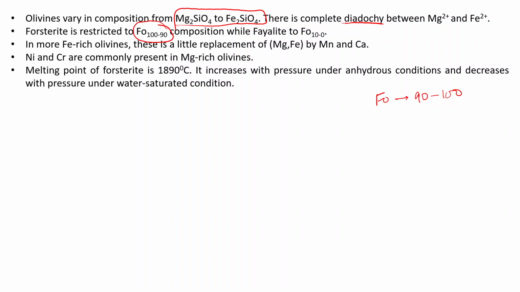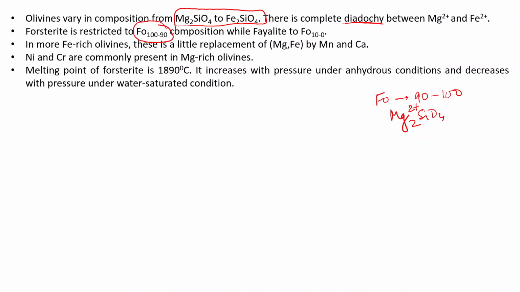Fo 90 to 100 means that it is only Mg2SiO4. Because it is a solid solution series, this composition should be from 90 to 100% to call it forsterite.